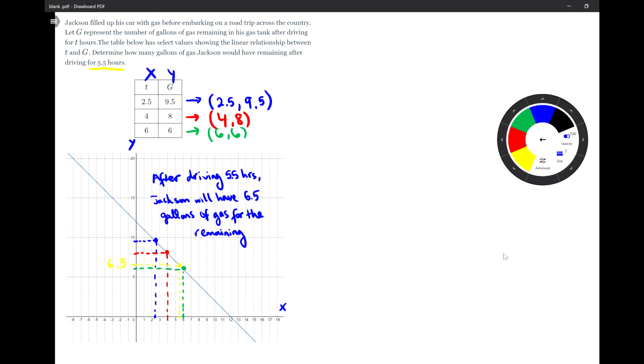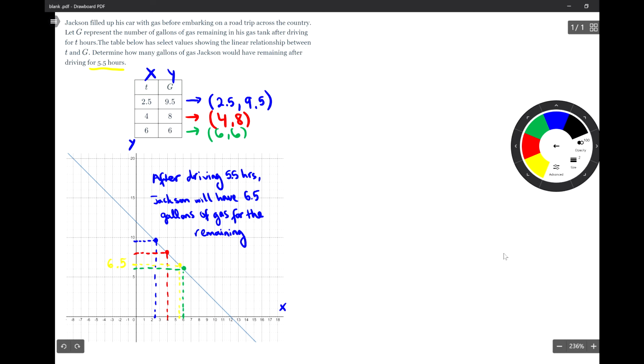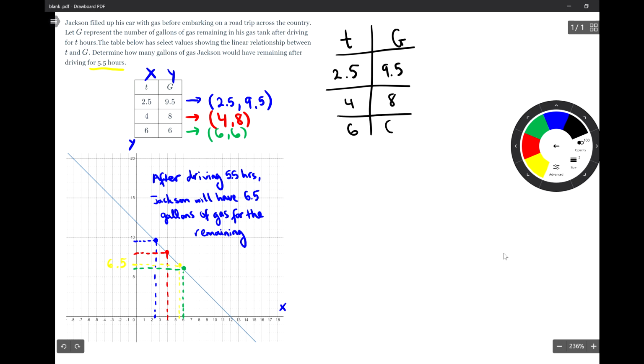Now we move on. The other method to solve this problem is to come up with the equation. For the equation, we will reuse the table one more time because that's the information we are given from the problem. So from the table we have T and G: 2.5, 9.5; 4, 8; and 6, 6.